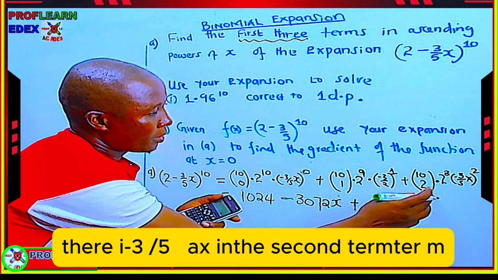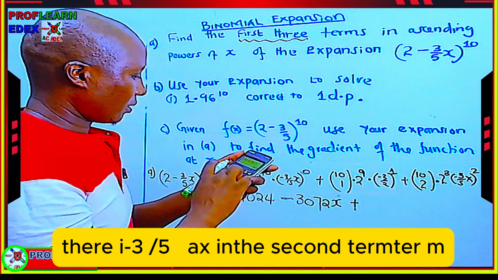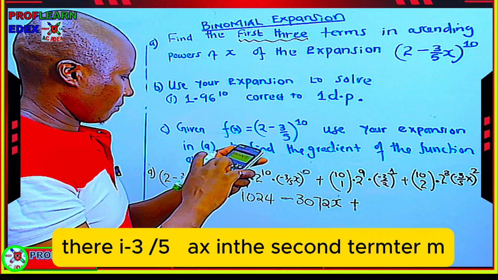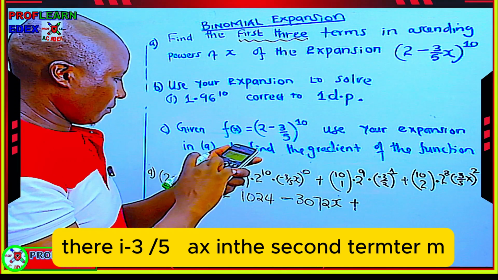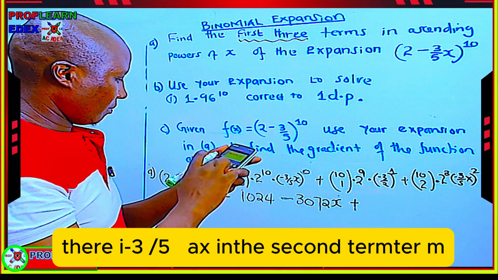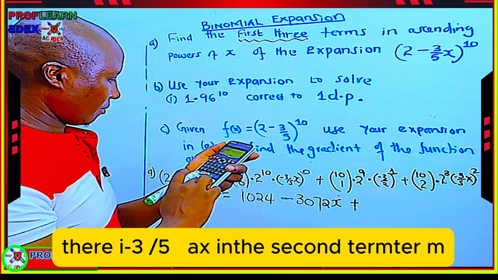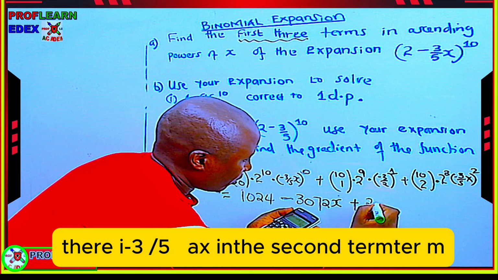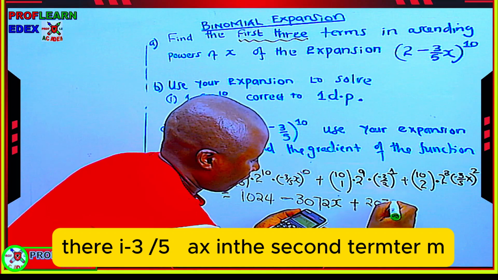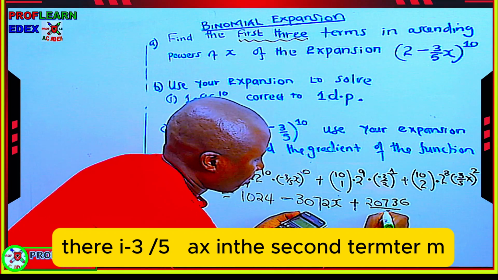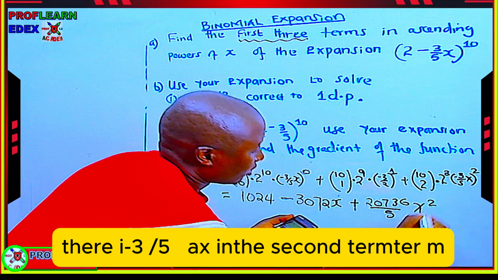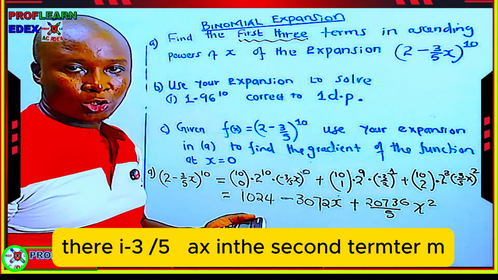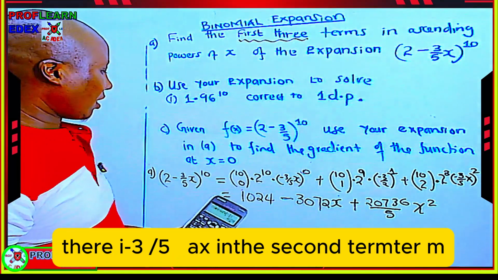Then the next term will be positive because this will be squared, and this is going to be plus 2736 all over 5x squared. Now, whatever we're having here is the expansion for this particular question.